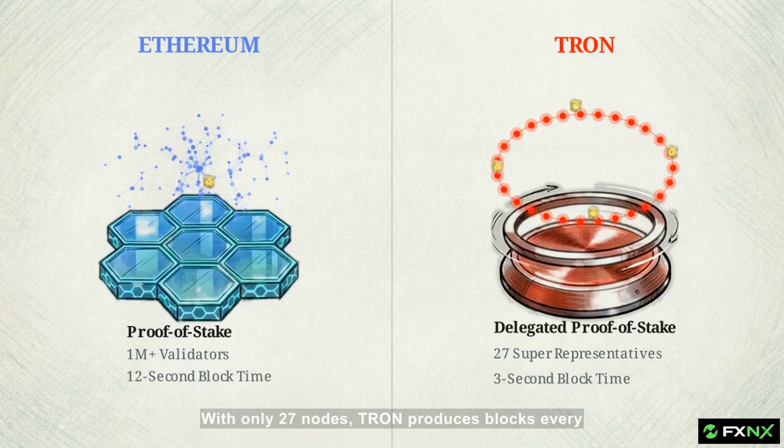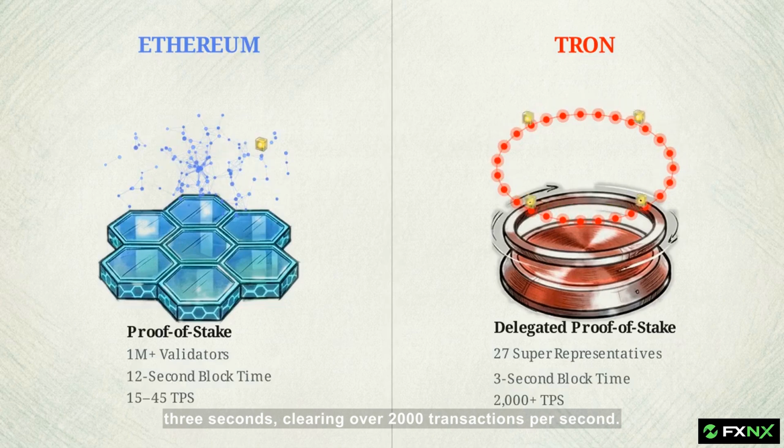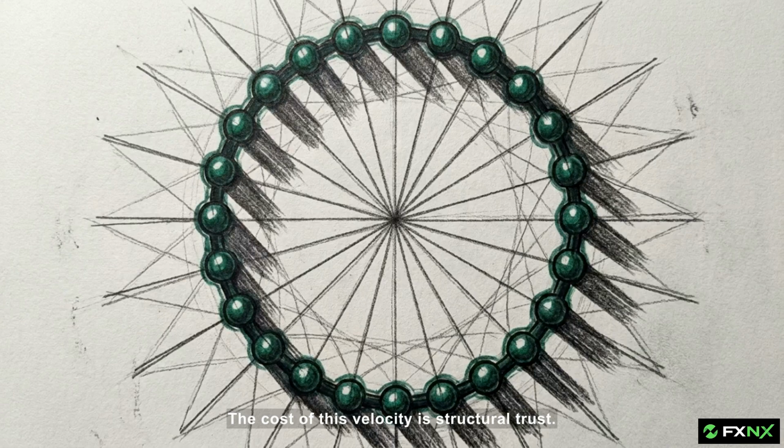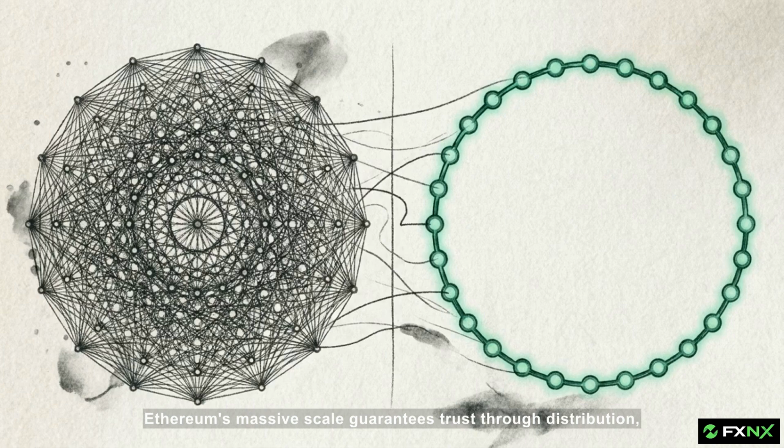With only 27 nodes, Tron produces blocks every 3 seconds, clearing over 2,000 transactions per second. The cost of this velocity is structural trust. You sacrifice broad decentralization by relying on a small, centralized group to maintain the ledger. Ethereum's massive scale guarantees trust through distribution, while Tron guarantees speed through extreme centralization.